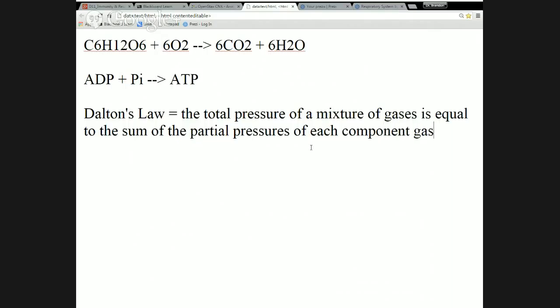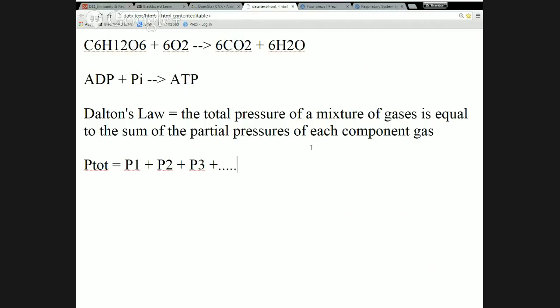So that's a restatement of Dalton's law there. And he represented that by the pressure of the total mixture is equal to the pressure of gas 1 plus the pressure of gas 2 plus the pressure of gas 3 plus et cetera, et cetera. Okay. That's the idea of what Dalton's law is.